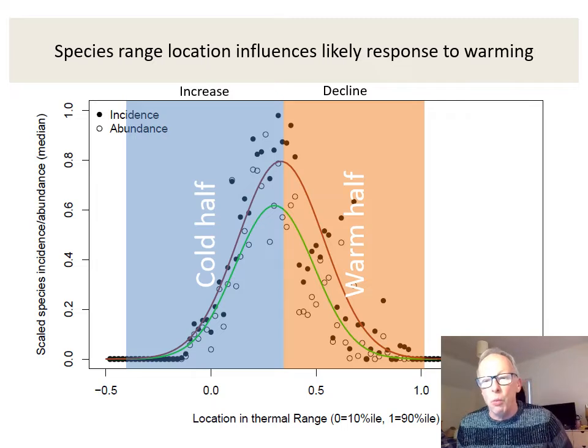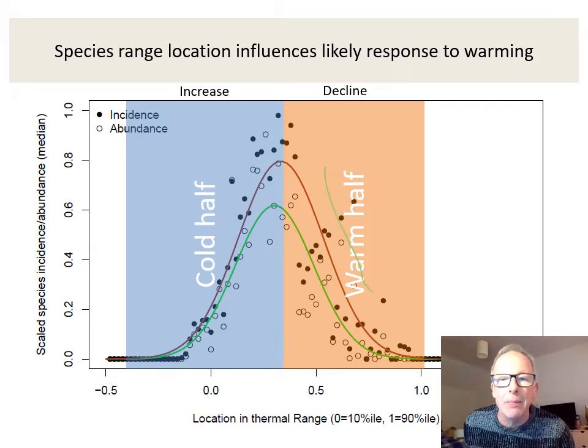But for those species on the warm part of their distribution range, that's the descending part of the graph here, an increase in temperature will take that species further away from its physiological or ecological optimum.